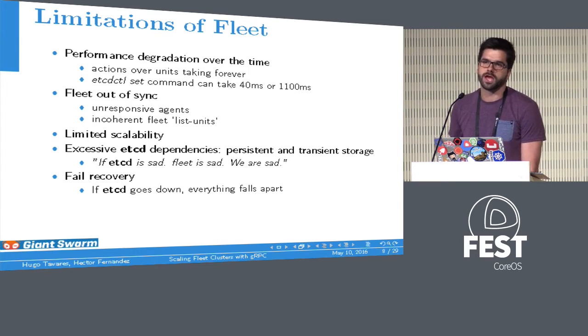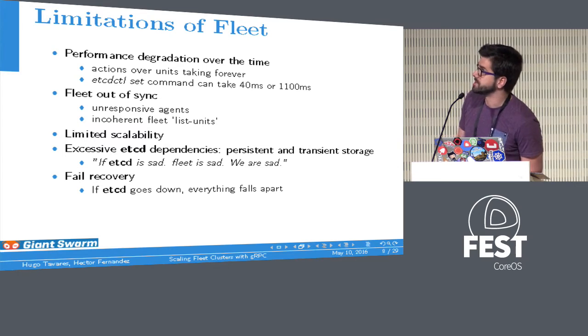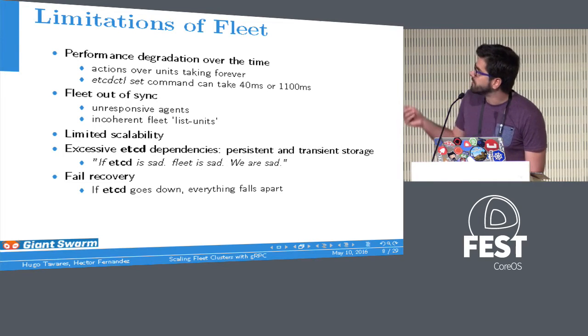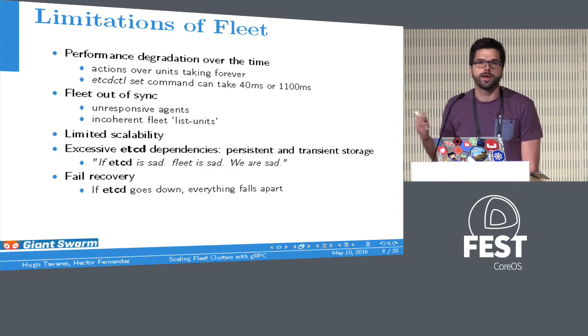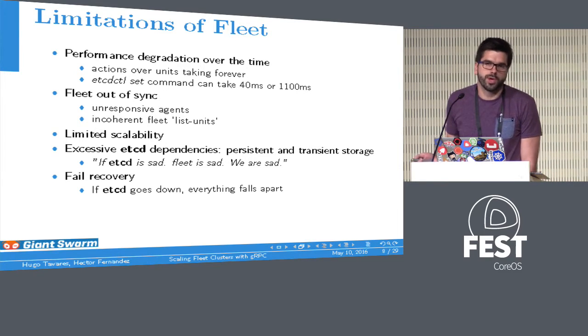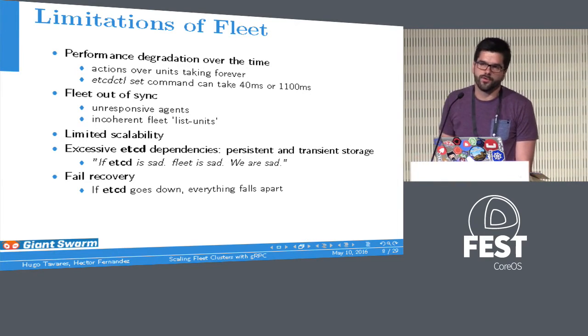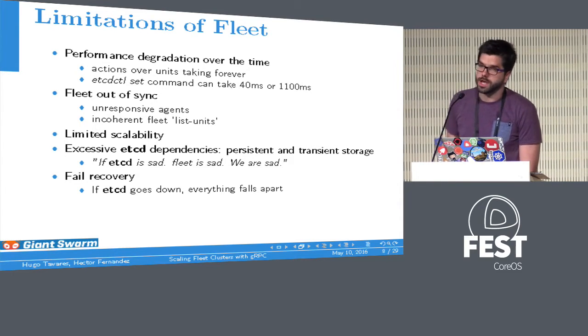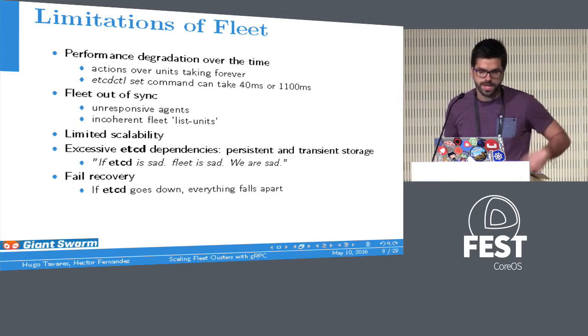So the response times increase over time. That also affects etcd: for instance, the etcd set command can also vary, and that gives us trouble because we use etcd for everything, coordination and storage.